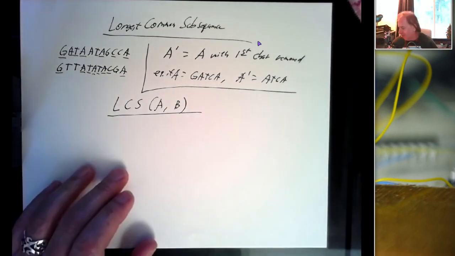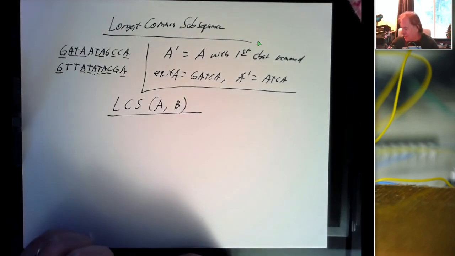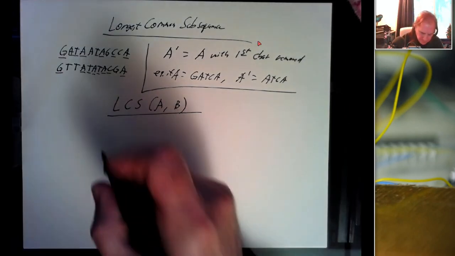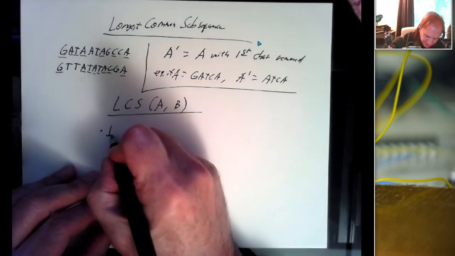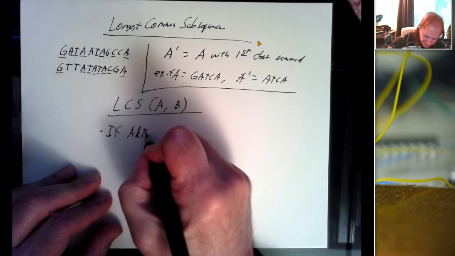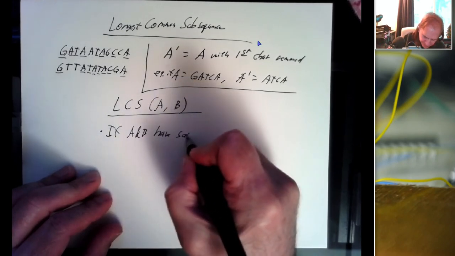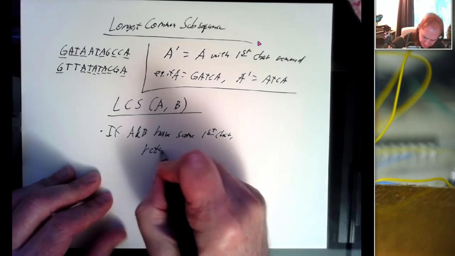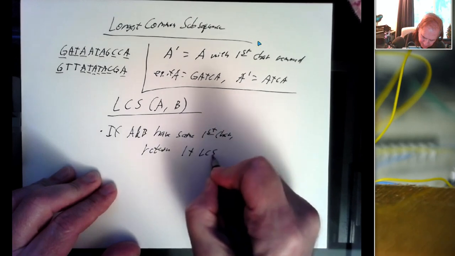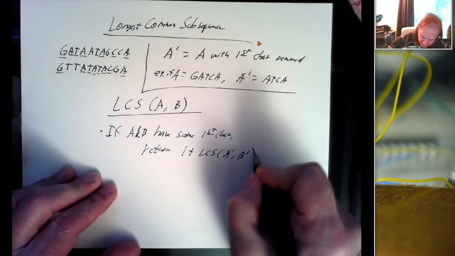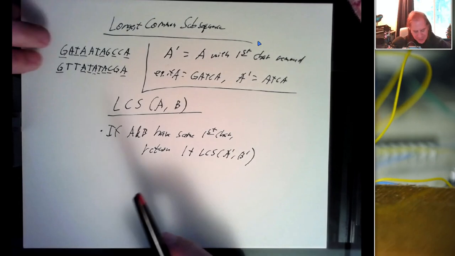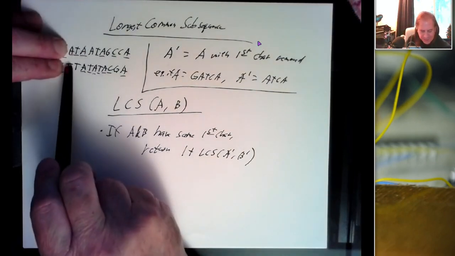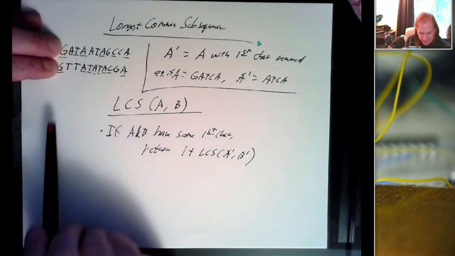So if we want to find the longest common subsequence of two strings A and B, we can do it as follows. There's a pair of cases. If A and B have the same first character, in other words, if A and B start with the same character, like in this case, we can simply find the longest common subsequence between these remaining strings and then add 1.